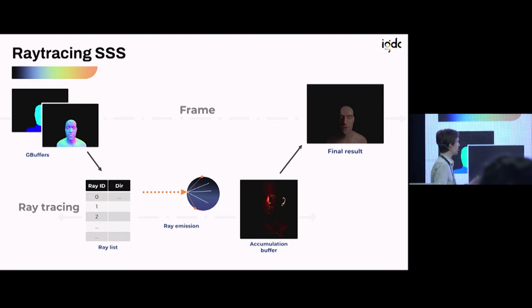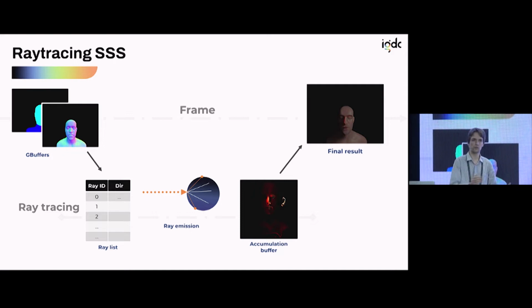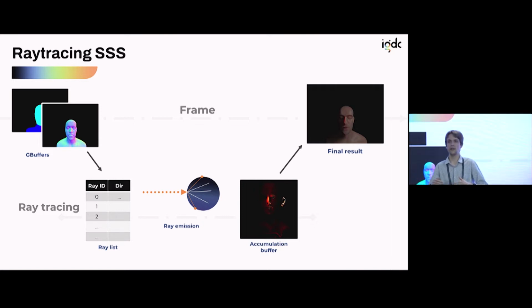We start by exporting a set of additional G buffers, in that case normals and world position. We generate a list of rays we're going to have to fire, and that is interesting because we can take this information and actually pre-process it in order to batch the rays for performance reasons. Once that is done, we emit the rays, and instead of emitting towards the light, we're going to emit them towards the inside of the mesh in order to simulate the travel of the light and have perfect intersection.